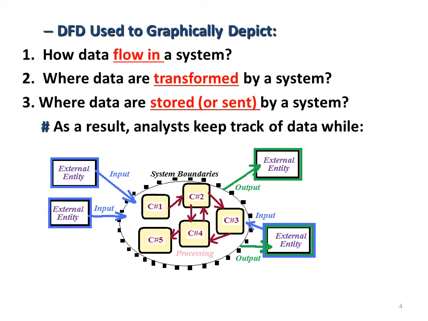These are the processes for that system, and these arrows represent the data transfer between these processes, and this is the boundary of the system. And these are called external entities. It might be an external system that interacts with your system. This external system might provide information or data to the system, or might receive information from the system.